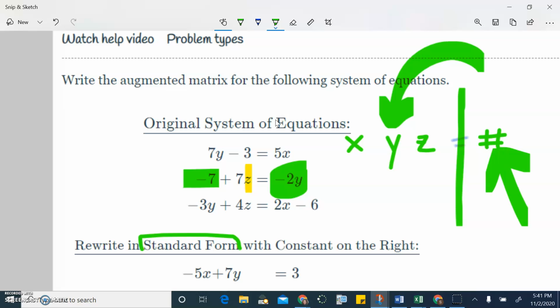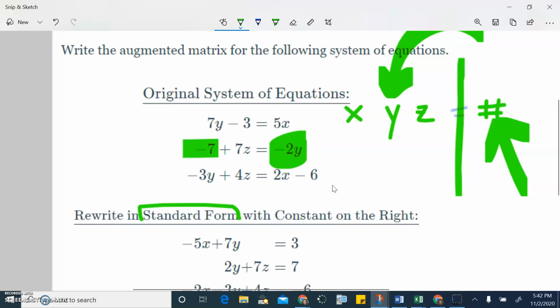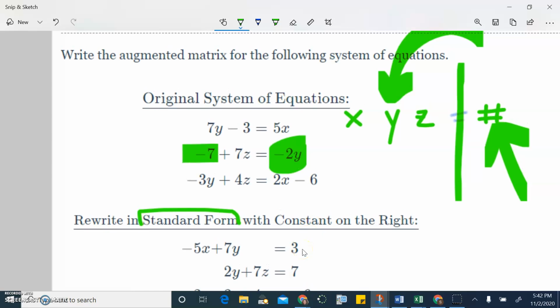So those are the two things I have to move, and those are the ones that need to change signs. So this -7 is going to move across and become a +7. This -2y is going to move across here and become a +2y.